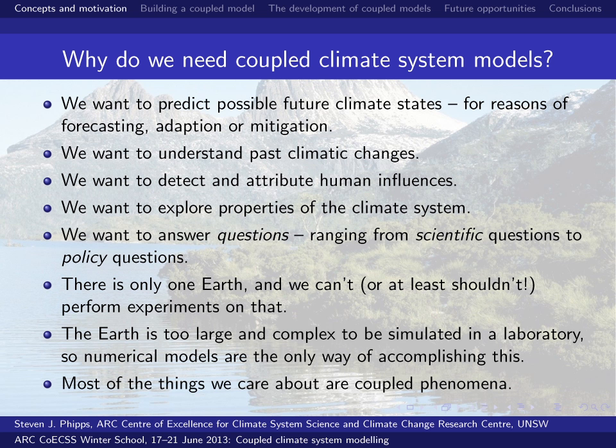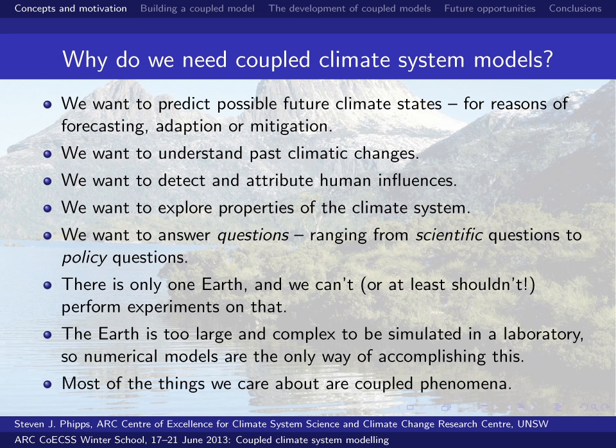So why do we need coupled models? Well, there's a range of reasons. First of all, and perhaps most commonly, we want to actually be able to predict possible future states of the climate system for reasons maybe of short-term forecasting or climate change adaptation or mitigation. Perhaps we want to try and understand past changes within the climate system.